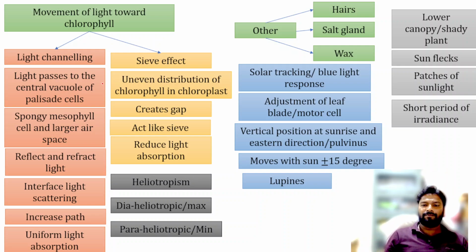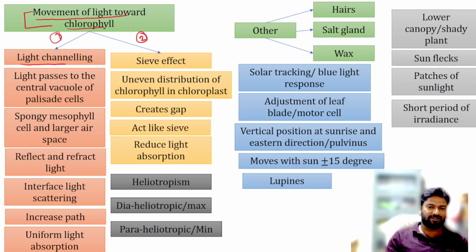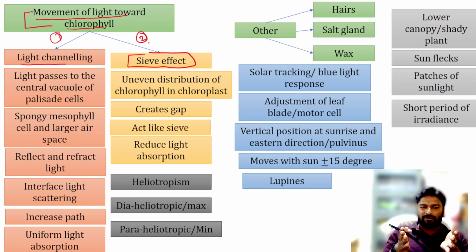Now come to the other points, like movement of light toward the chloroplast. So friends, for this there are two mechanisms. First is known as light channeling and second is known as the sieve effect. So what is the sieve effect? Sieve means this chloroplast acts like a sieve, meaning there is an uneven distribution of chlorophyll in the chloroplast.